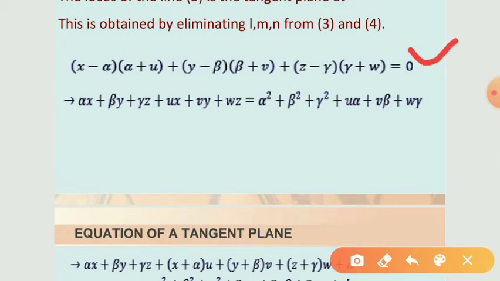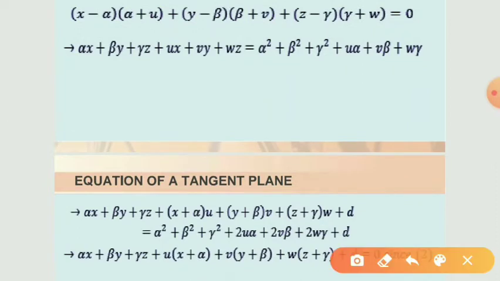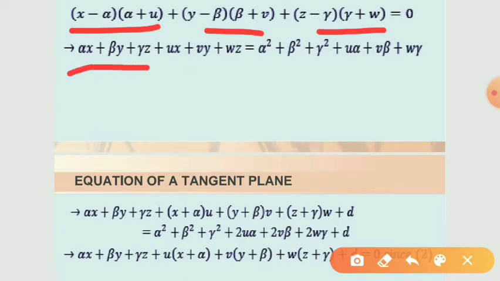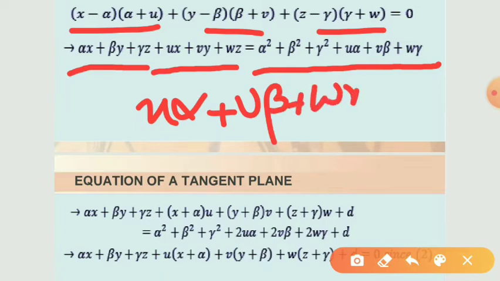On simplification, on multiplication of these two and these two, we will get alpha x plus beta y plus gamma z plus ux plus vy plus wz is equal to alpha square plus beta square plus gamma square plus u alpha plus v beta plus w gamma. Now we have to add u alpha plus v beta plus w gamma plus d to both the sides.